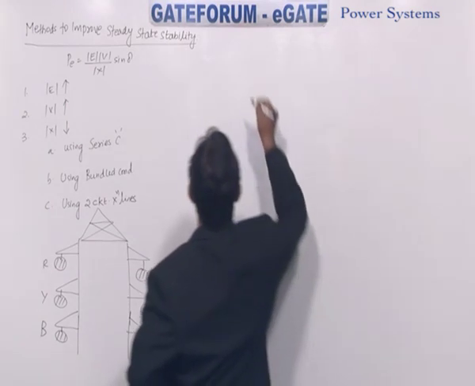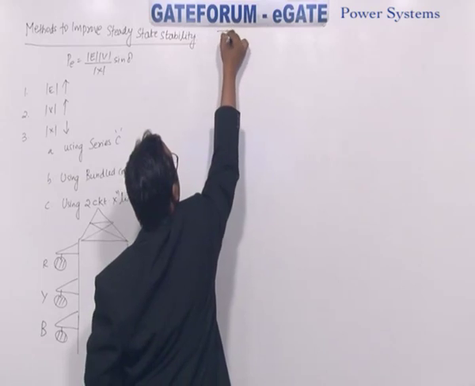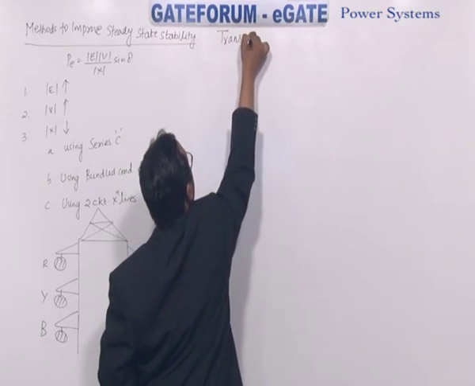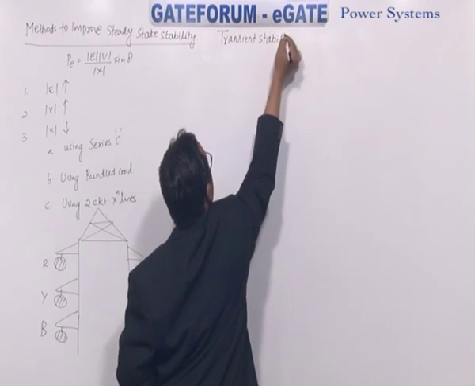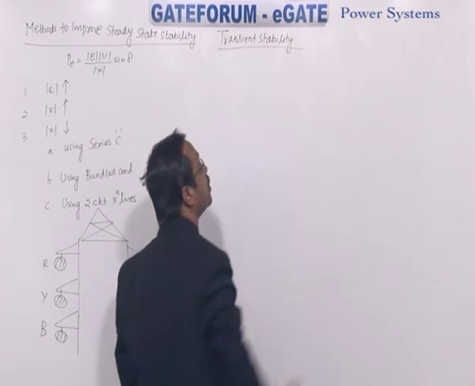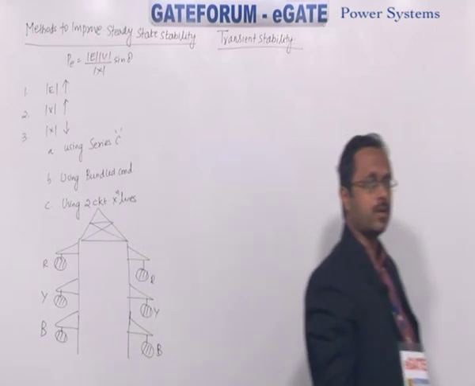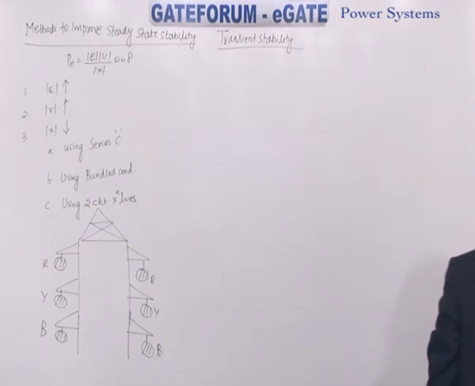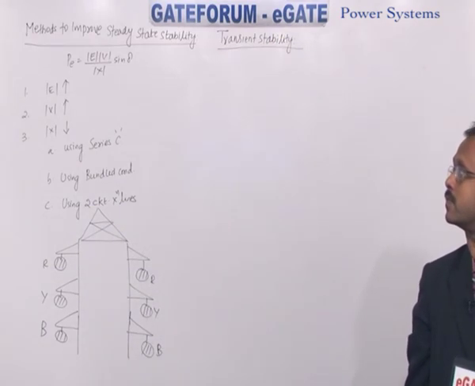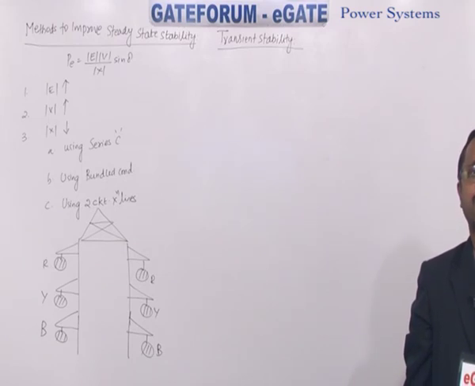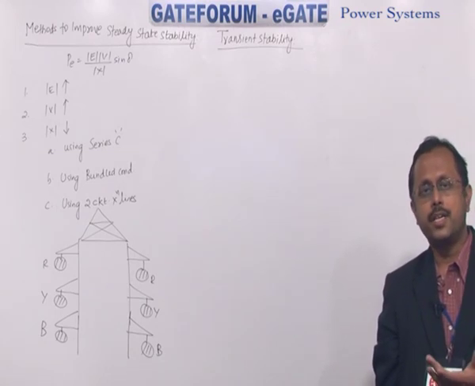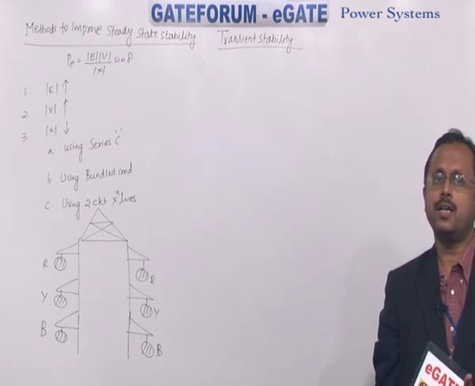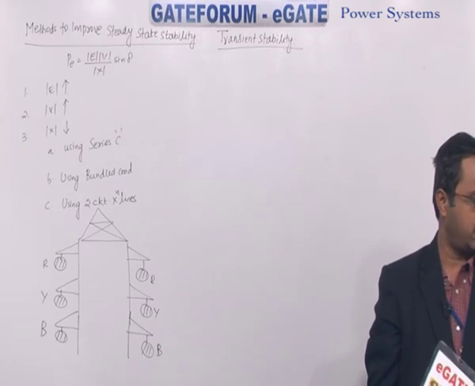Now we discuss the other classification, that is transient stability. When you come across transient stability, it is for short circuits or three-phase faults on a transmission line.